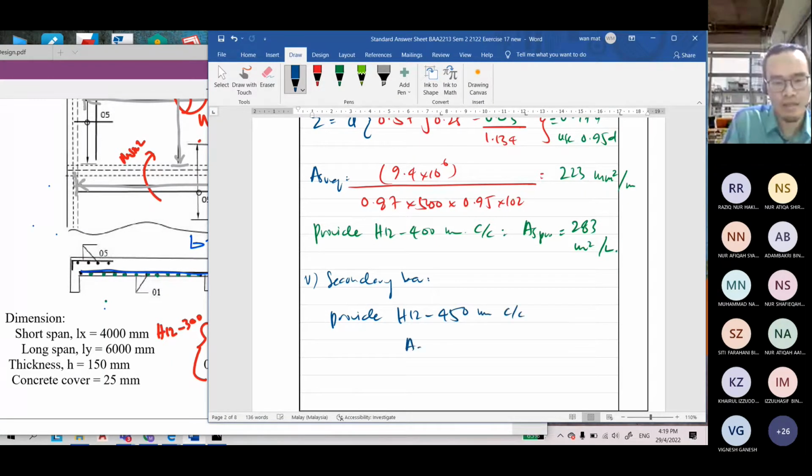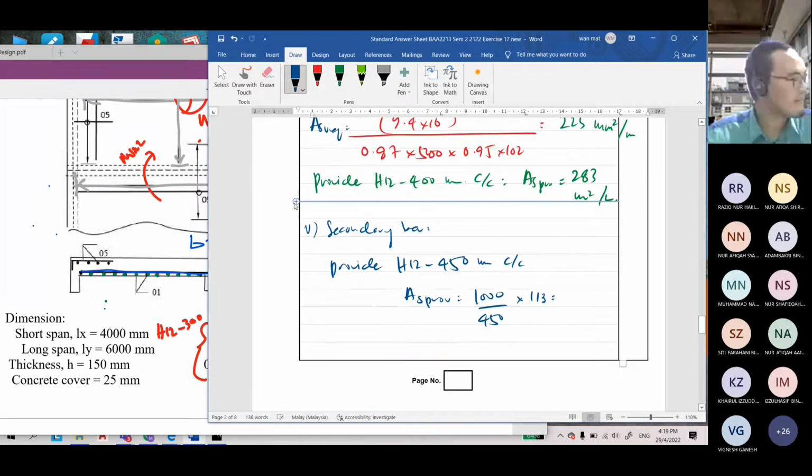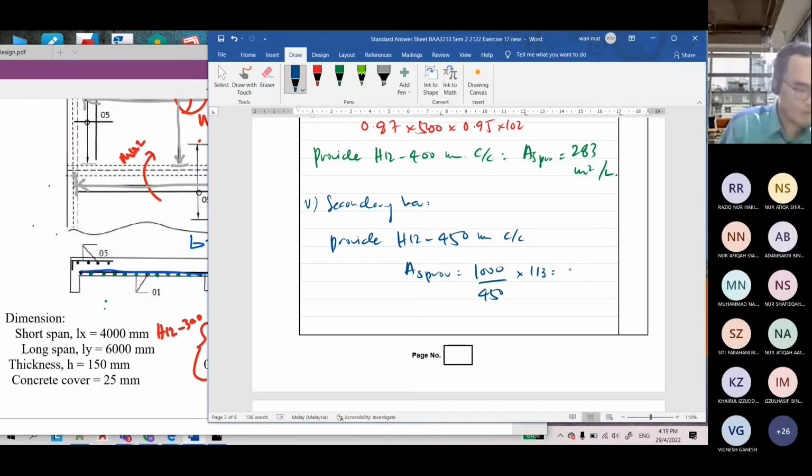So you can get As provided is equal to 1000 divided by 450 times 113 equals what? Equals 283. Sorry, 283 or 251?